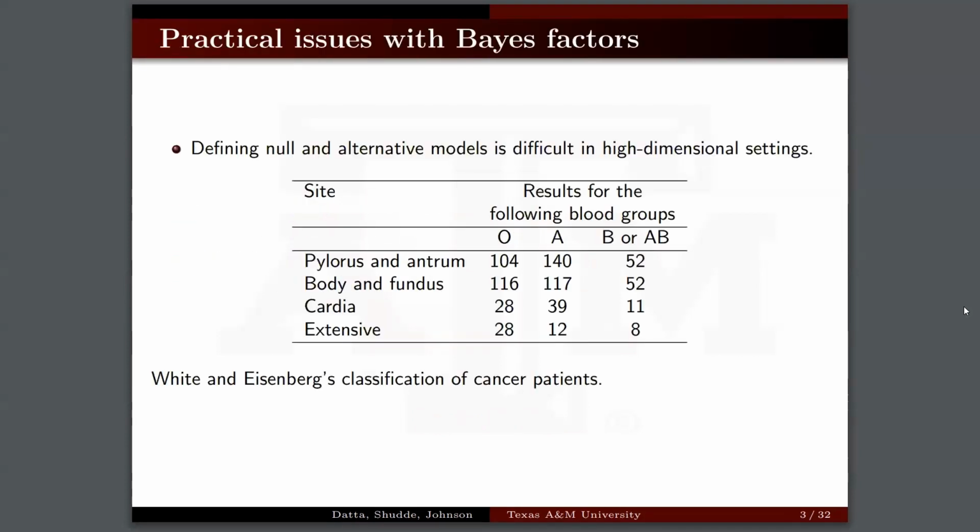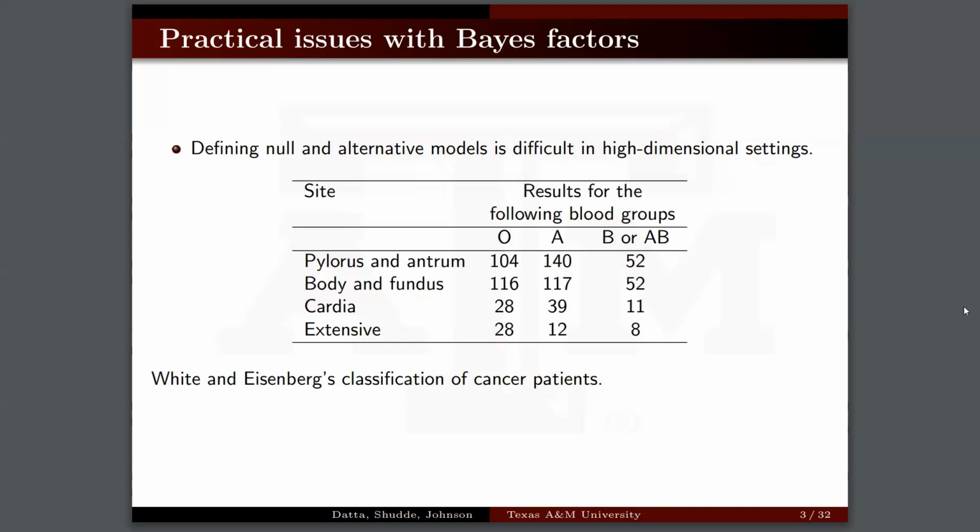Now, consider this contingency table. Suppose we want to test for independence between site and blood groups. Under the alternative, we would have to specify priors on each of the cell probabilities and the marginal probabilities, and calculating the marginal becomes quite cumbersome.